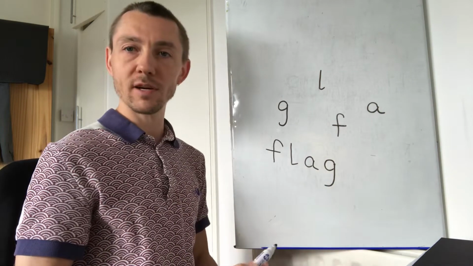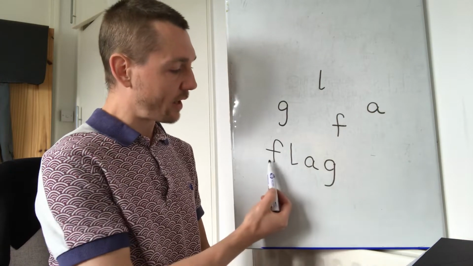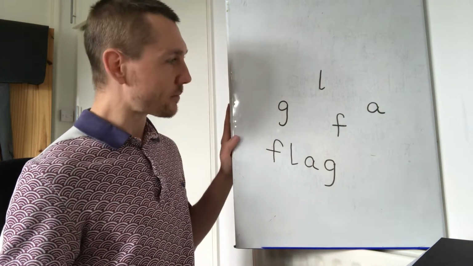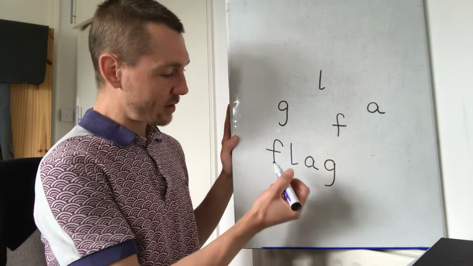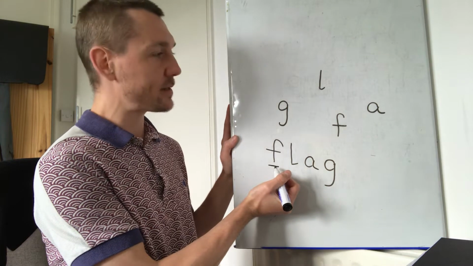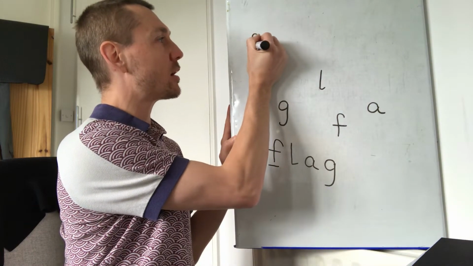And we say the sounds to read the word to check. Flag. Okay? So, in this word, the F is being used to spell the F sound. So that's our first spelling, and we knew that one already.